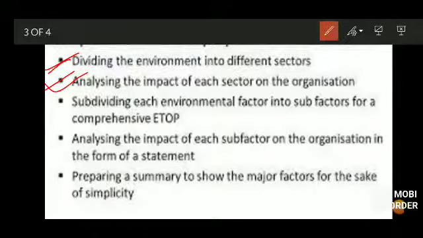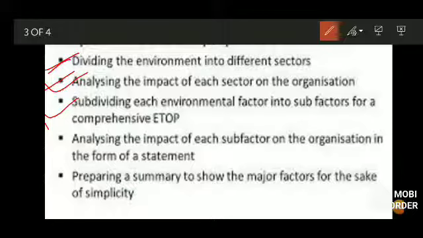Next is analyzing the impact of each sector on the organization. Whatever sectors we have highlighted, whatever sectors we have shortlisted, we are going to analyze the impact of each and every sector on the organization. Now, subdividing each environmental factor into sub-factors for a comprehensive ETOP. Say, for example, we are analyzing the social factor of the environment.